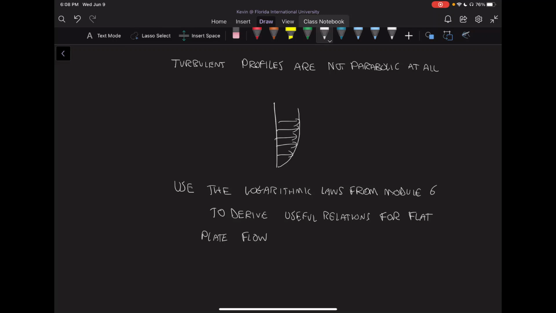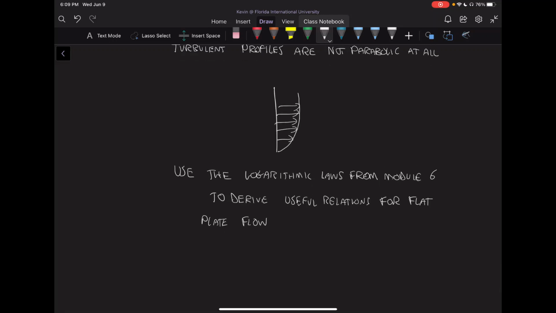And these relations are not exact solutions, but they are solved through the laws of logarithms, and in the end we can use them as exact solutions essentially.